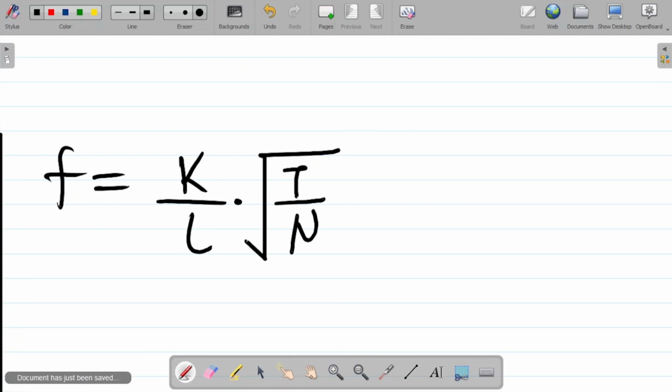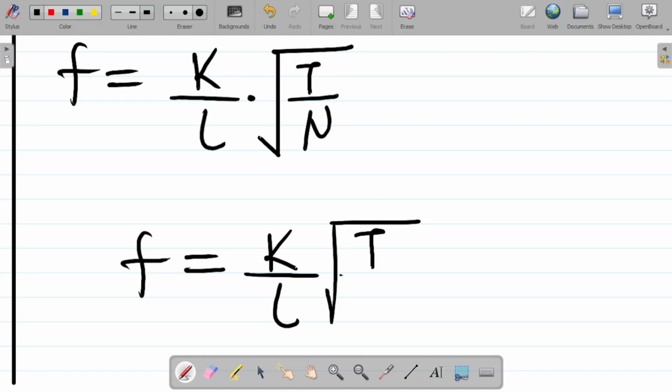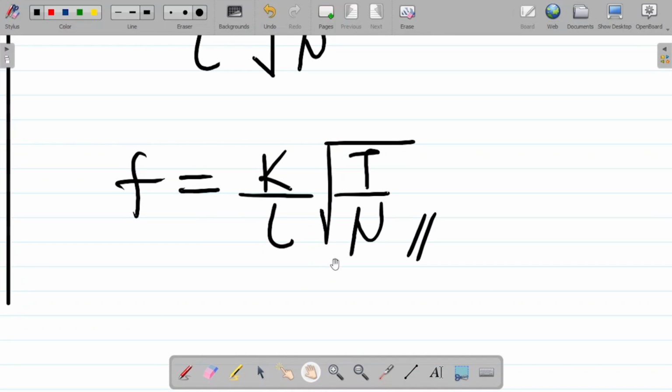For our final simplification, we now have that f, the frequency, is equal to k over L multiplied by the square root of t all over mu. So basically, this becomes the relationship between them, and this is the answer to that question.